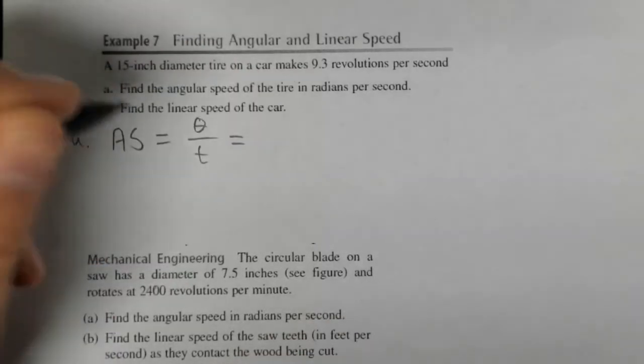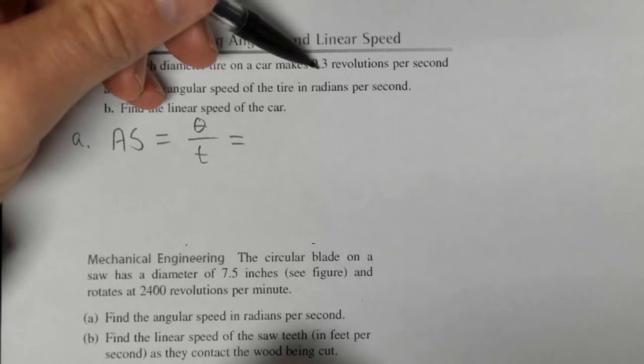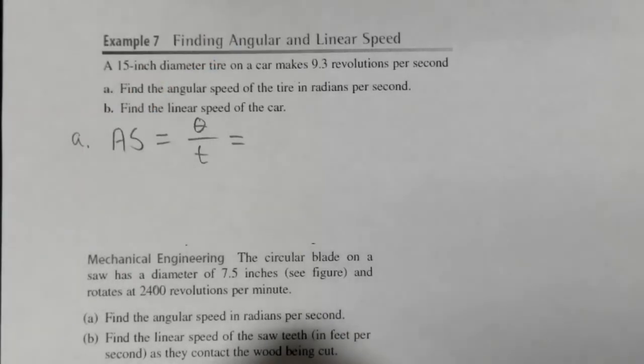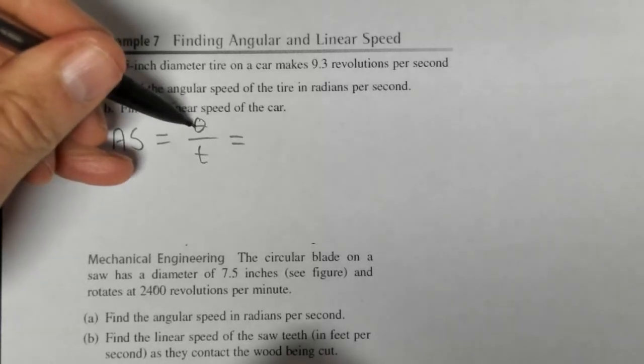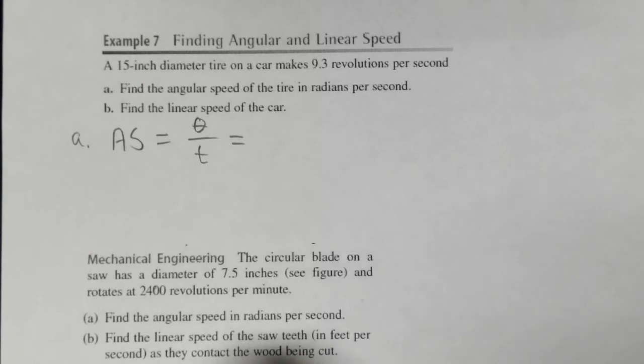All right, now, here's what we've got to think about. If it turns 9.3 times per second, we've got to try to convert that into a radian angle measure, right? So we want to see what the angle is for 9.3 times turning around the circle.